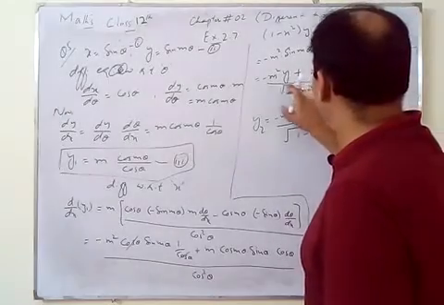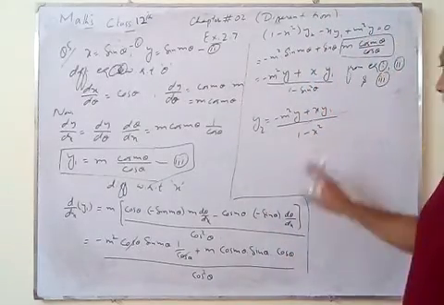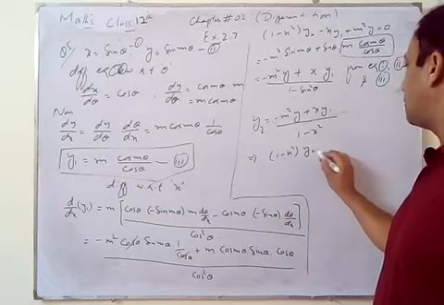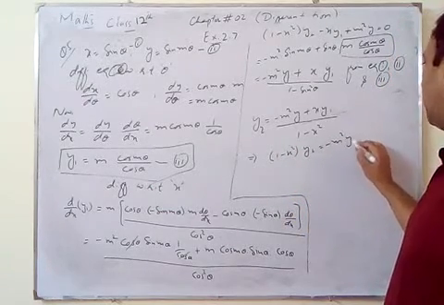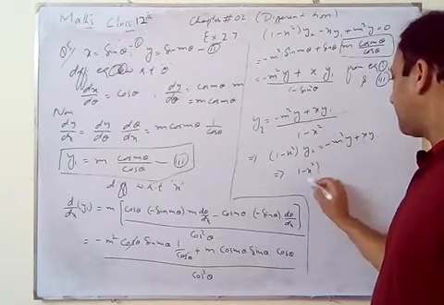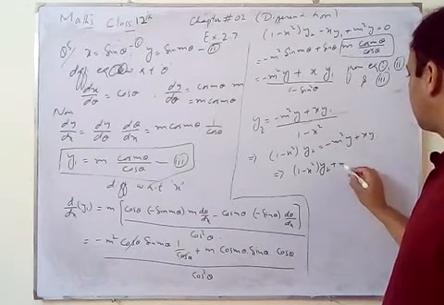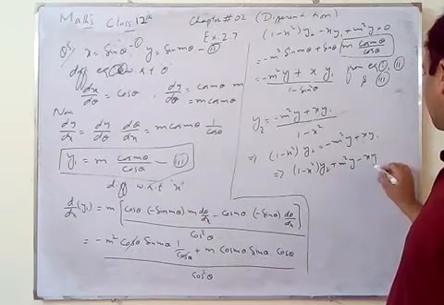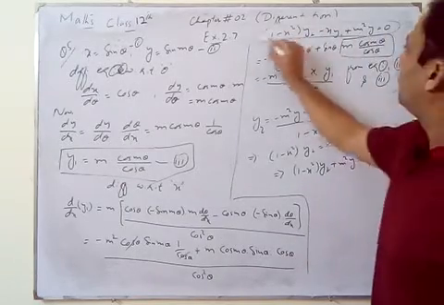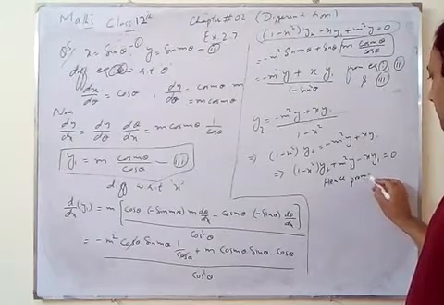Multiplying, we get (1 minus x square) y2 minus x y1 plus m square y equal to 0. So this is what we wanted to prove. Hence proved.